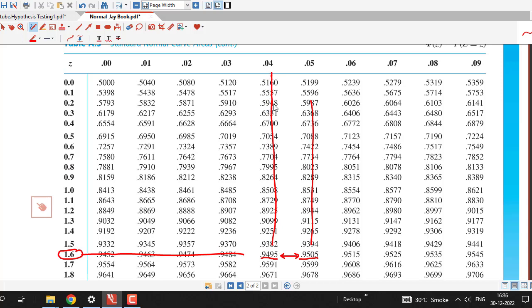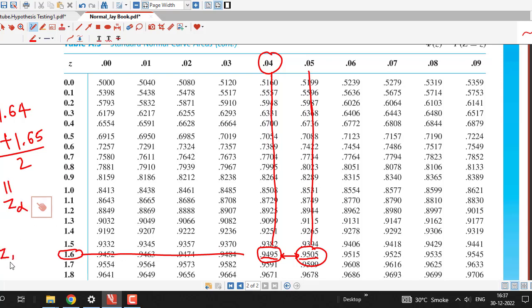Here 1.6 plus 0.04 is 1.64, and 0.9505 corresponds to 1.65, and I have to take the average of these two as my value, which is Z alpha.